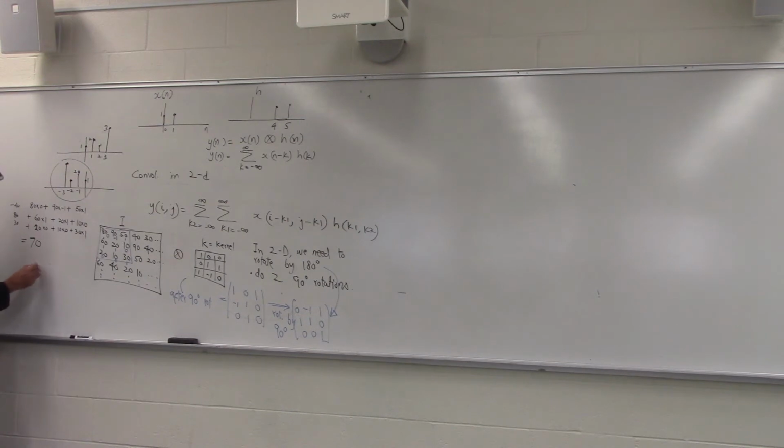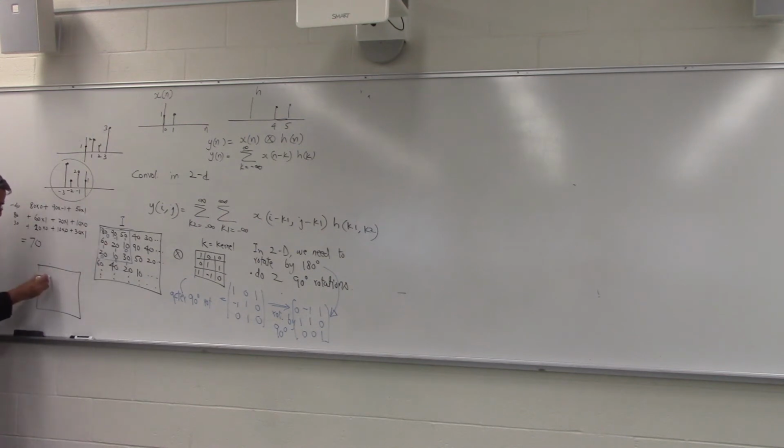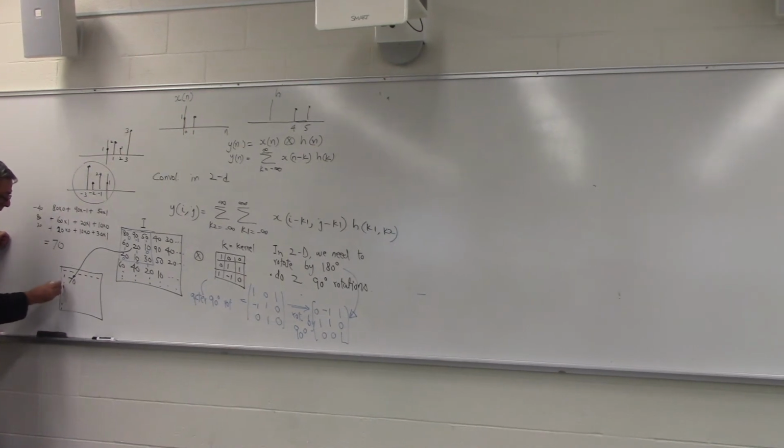So the first output will be 70, right in this spot. Or you can also put it in the center over here. This is the center pixel. So wherever this 20 pixel is, right at this spot, we will put 70. We will not put anything in the first row. We will not put anything in the first column. Okay, so that's how the first convolution answer is produced.